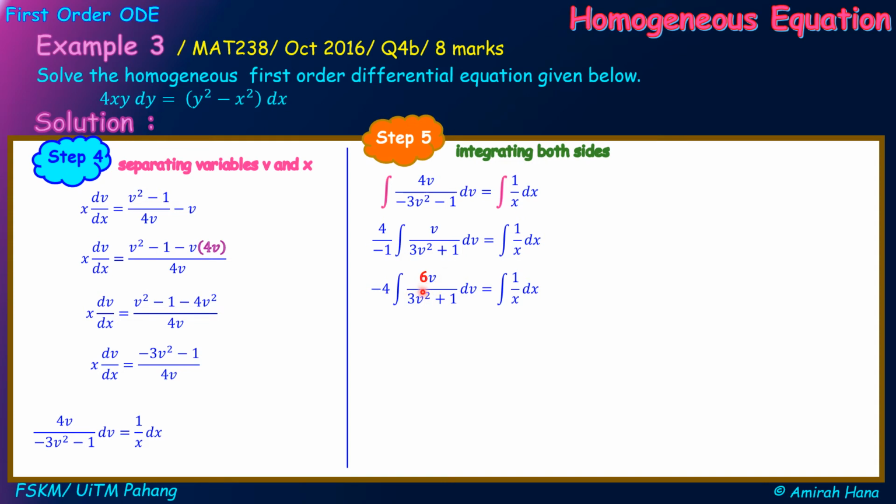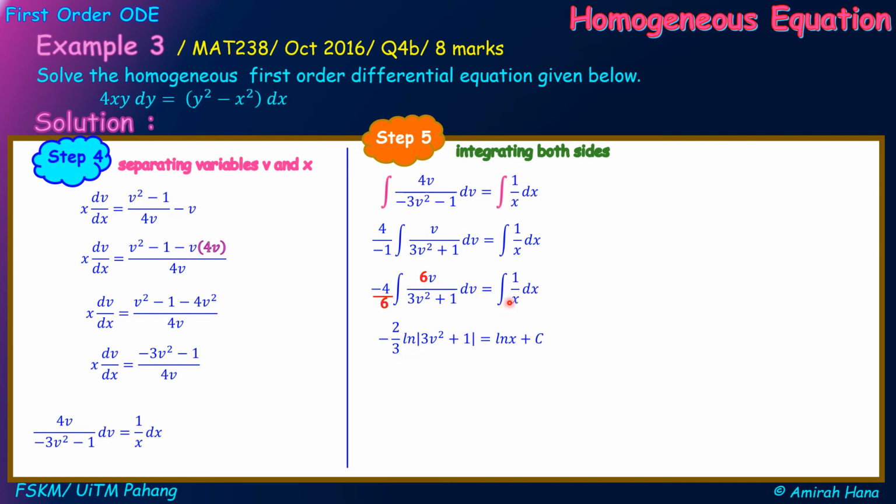And then to simplify back the constant 6, we can divide by 6 here, so that when we simplify, we get back the above function. From here, we simplify negative 4 over 6, so we have negative 2 over 3. And when we differentiate the denominator and the answer is the numerator, the answer should be ln when we integrate.